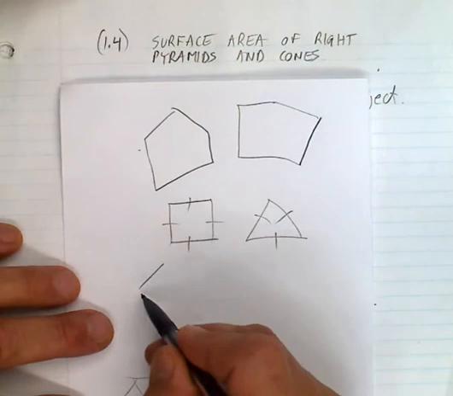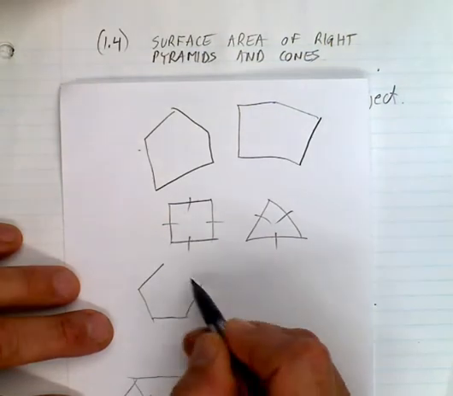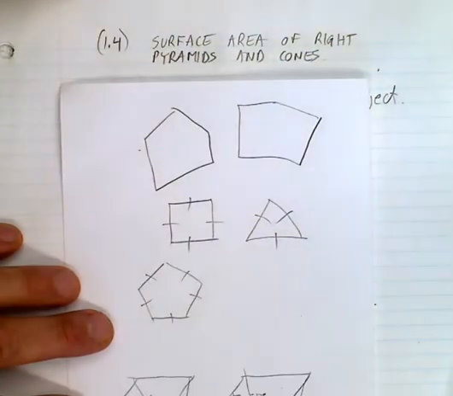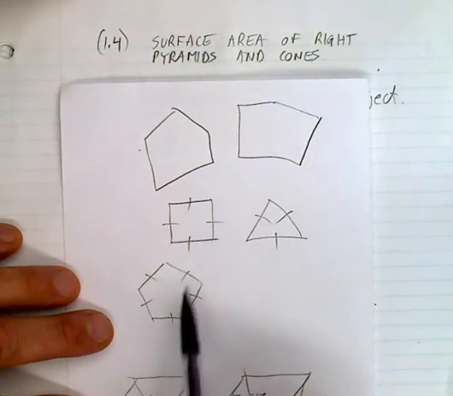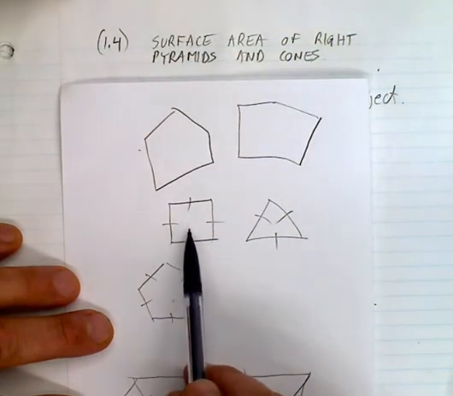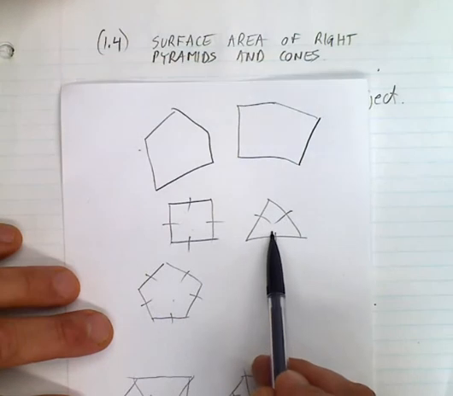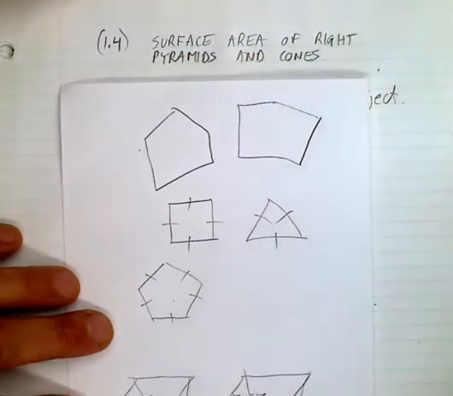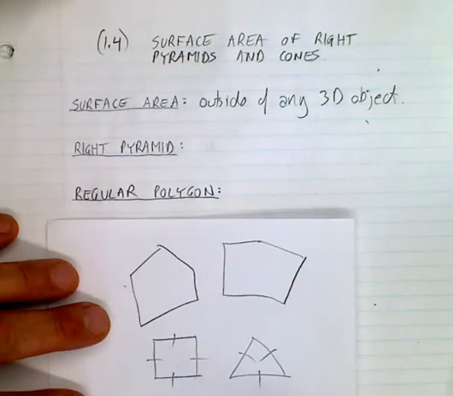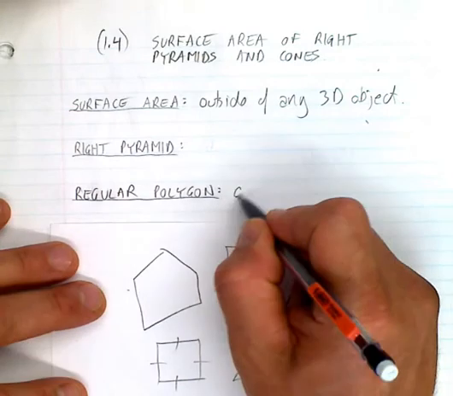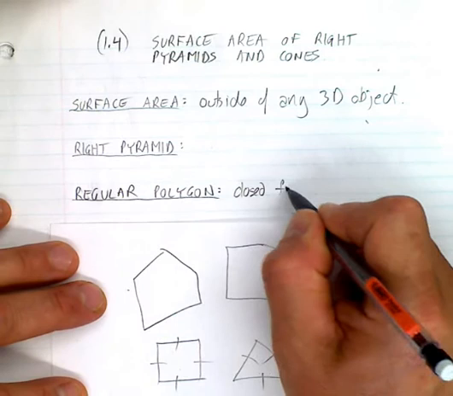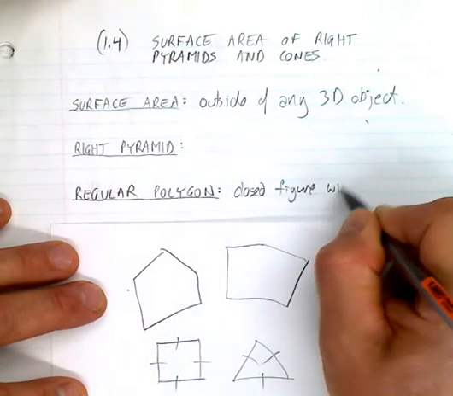You can have a pentagon, where all five sides are the same. A regular pentagon, a regular quadrilateral, which is a square, and here we have a regular triangle, which we call an equilateral triangle, okay? So that's what a regular polygon is: a closed figure with equal sides.